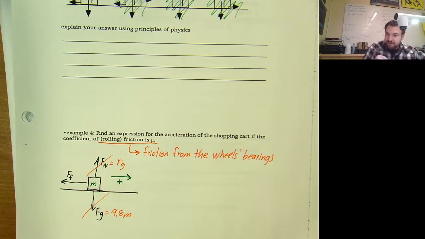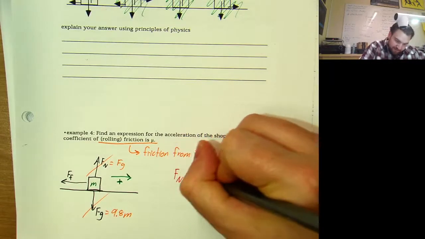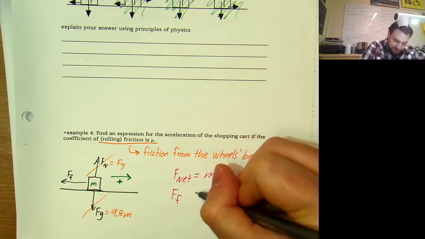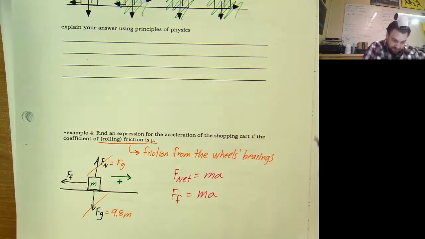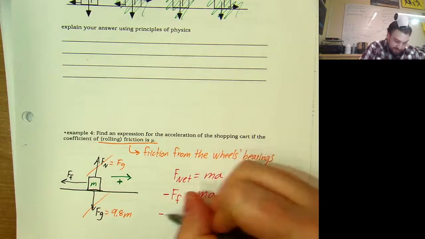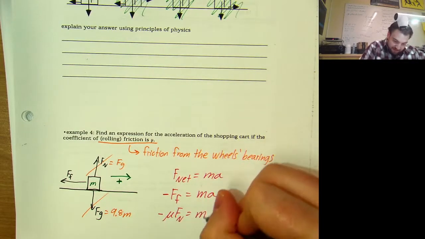So we know that I'm looking for an expression, Fnet equals ma. Fnet is the force of friction equal to the mass times the acceleration. Oh, and the force of friction is negative because, well, I said right was positive. So this is going to be negative mu Fn equals ma.